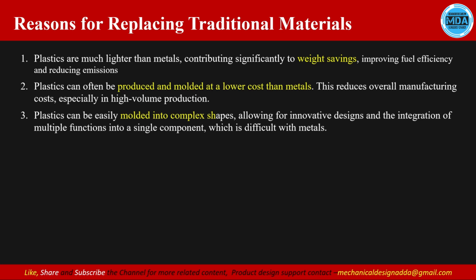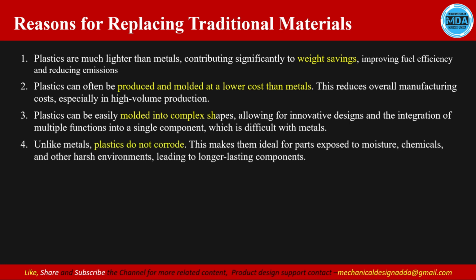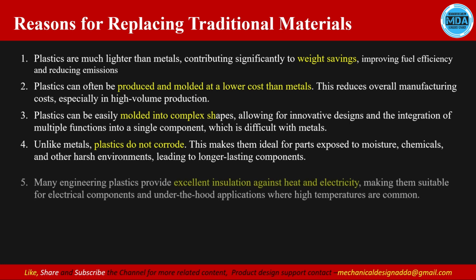plastic material. And plastics do not corrode, so they are longer lasting components. So in an environment with moisture or chemicals, we can use plastic material for the particular application.